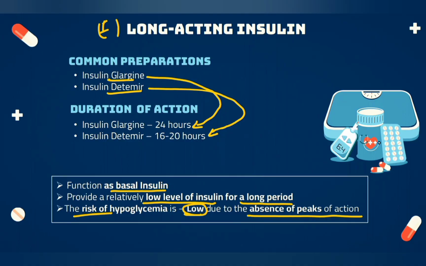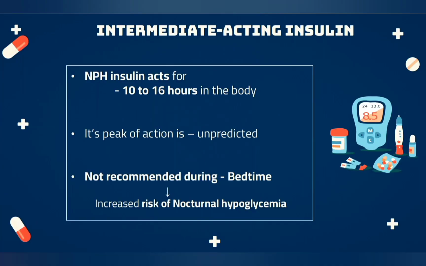The second class of insulin are intermediate acting insulin, as the duration of action of such insulin is less as compared to the long acting insulin. This has 10 to 16 hours of duration of action.